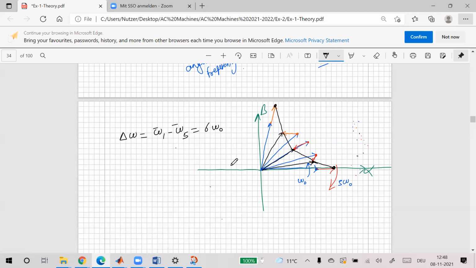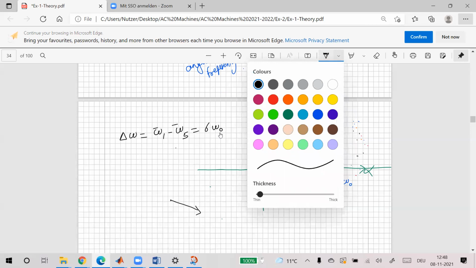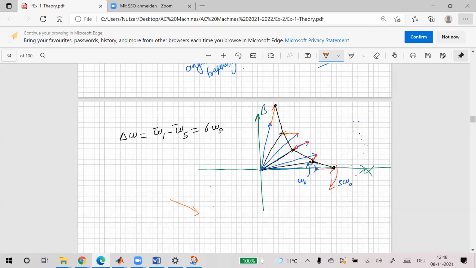So if you want to find the phase angle difference between F1 and F5, this delta theta is delta omega into time, which you can write as 6 omega naught into t.